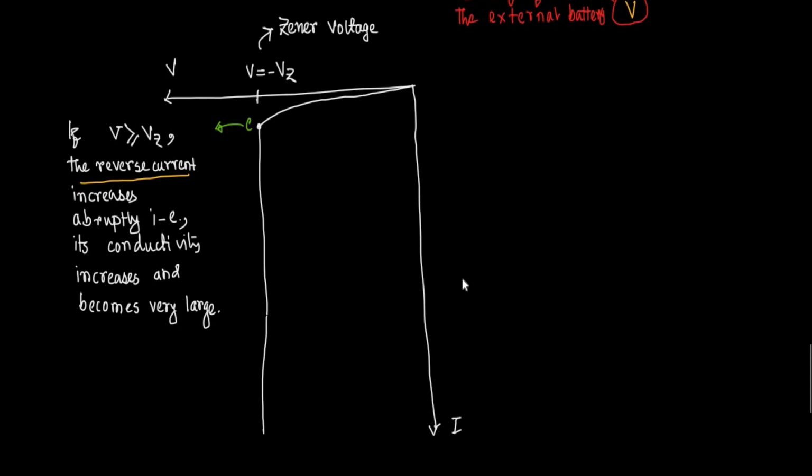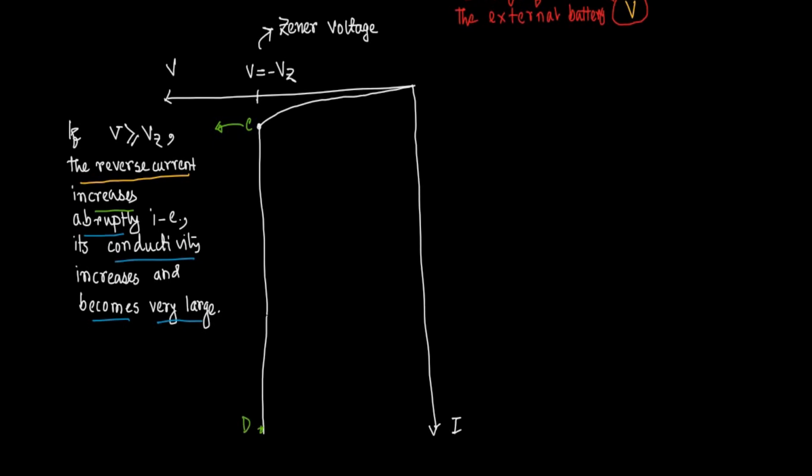Reverse current increases abruptly, that is, conductivity becomes very large in this region, which we denote as CD.